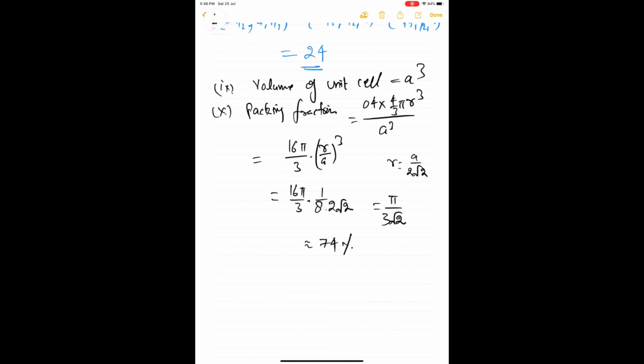So the atomic packing fraction is 74% in the FCC structure, which is a close-packed structure in 3D.